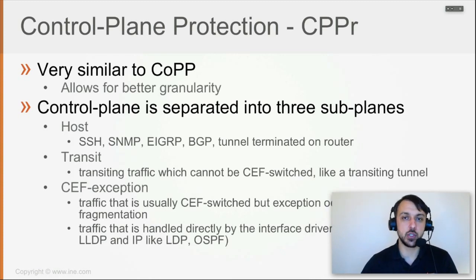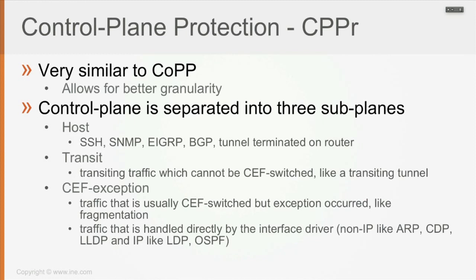And then we have the self-exception subplane, where we have protocols or traffic that is usually CEF switched, but an exception occurs, like for example when fragmentation is needed. In general, an IP packet which transits the router is going to be CEF switched, but because it has to be fragmented, that's a self-exception, because only the CPU can do the fragmentation.